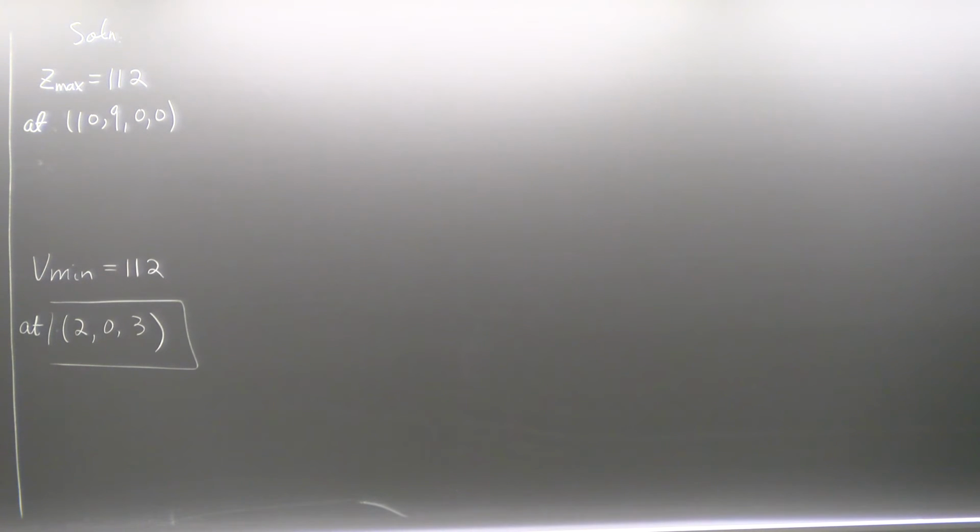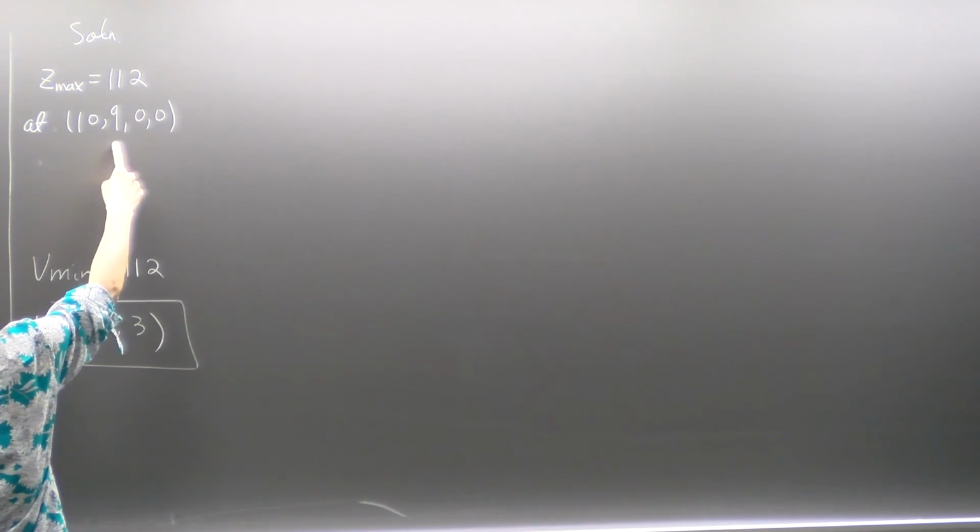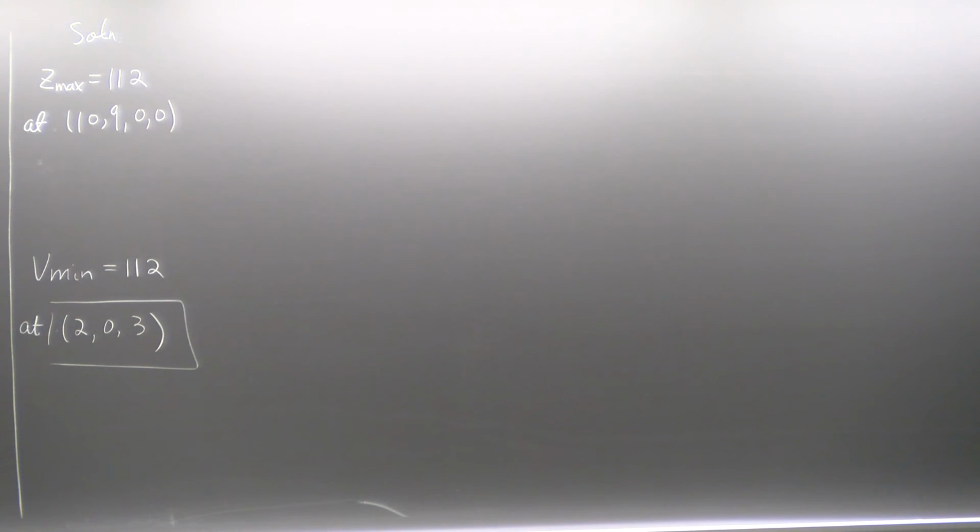So is this observation also somehow valid to go from here back there? Is the optimal point for the original problem hidden in the last row here where you have the objective function? The optimal point is 10, 9, 0, 0.